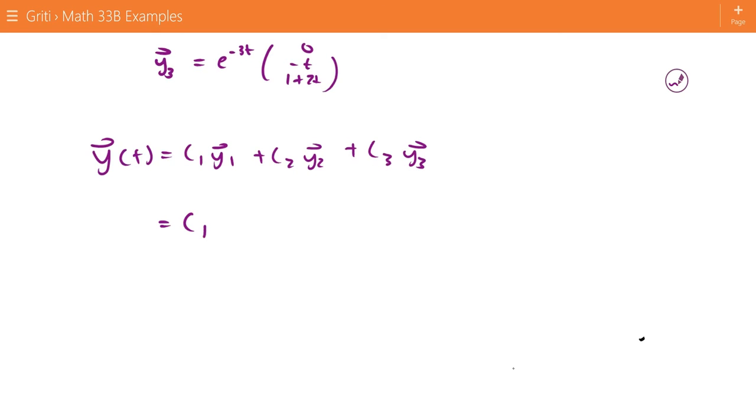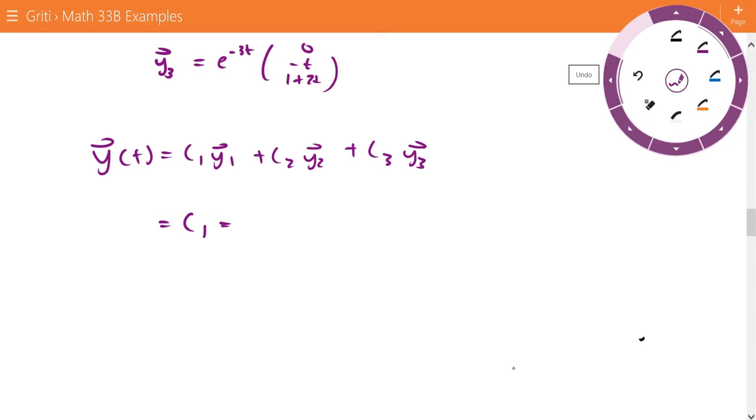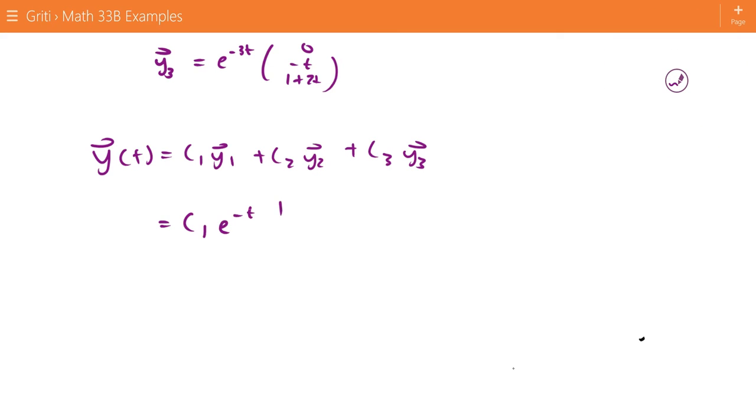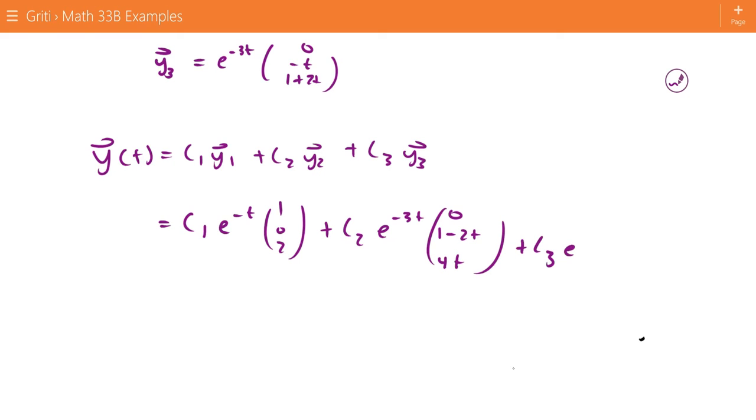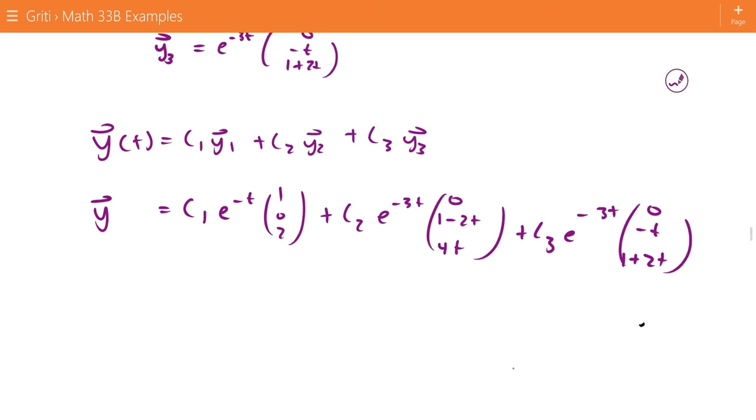This is going to be c1 times e to the -t times 1, 0, 2, plus c2 times e to the -3t times 0, 1 minus 2t, and 4t, and c3 times e to the -3t times 0, -t, 1 plus 2t. This is our total solution.